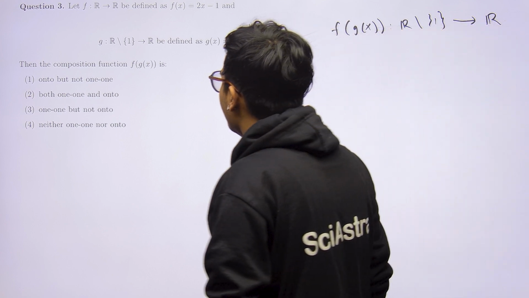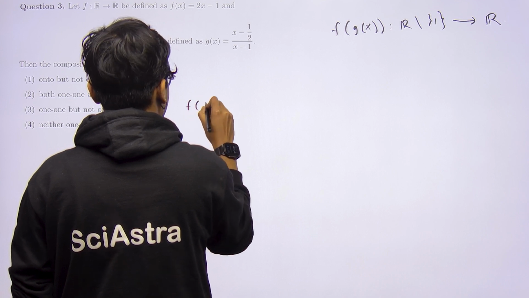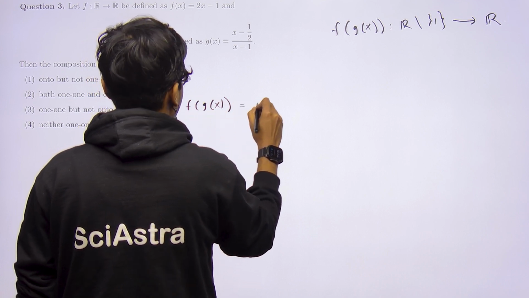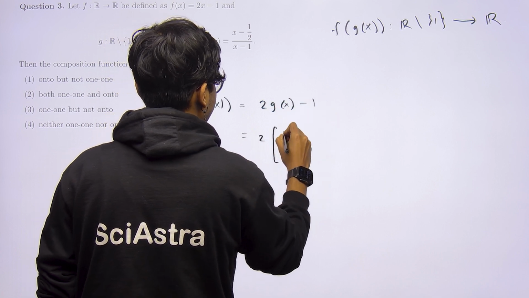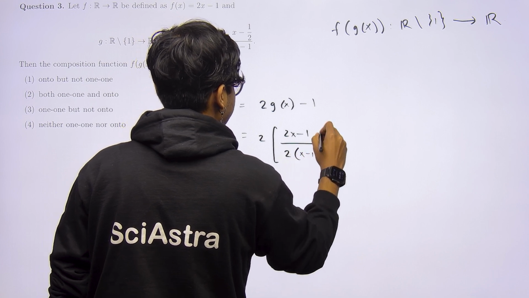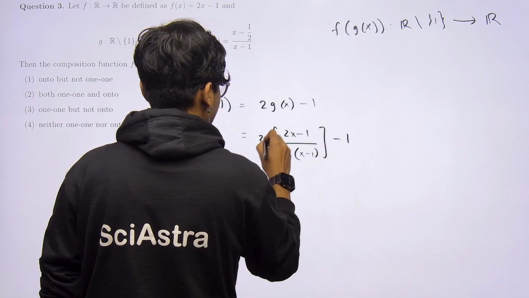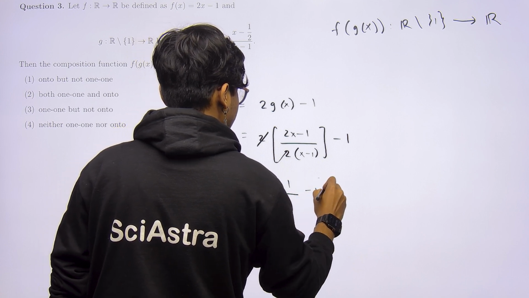If I look at the composition, it's going to be twice g(x) minus 1. So f of g of x should be equal to twice g(x) minus 1, which is going to be twice (2x minus 1) divided by (x minus 1), minus 1, right? So this 2 and 2 will cancel out, so you get (2x minus 1) divided by (x minus 1), minus 1.